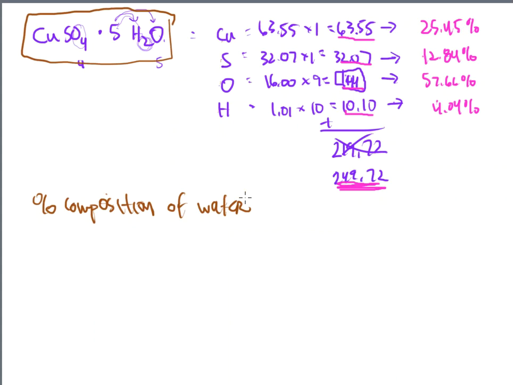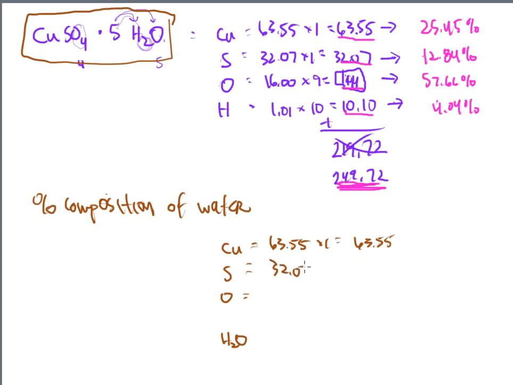Okay, so here is another way to look at percent composition. You would do it the same way, copper, sulfur, and oxygen. And then down here, you can write water together, okay? So copper is going to be the same as above, 63.55, and there's just one of them, so 63.55.